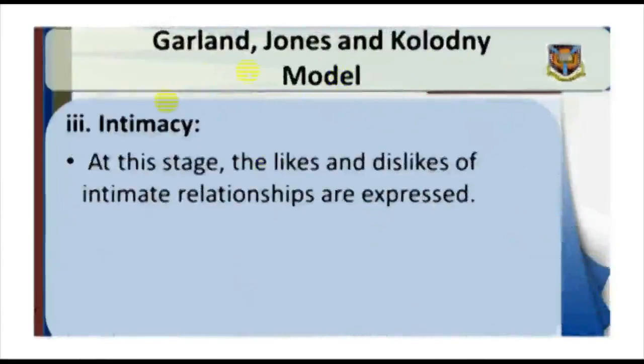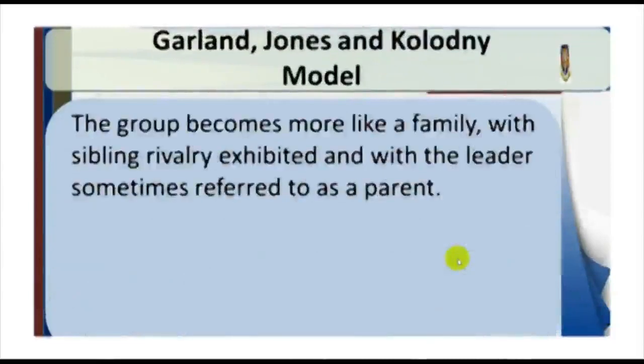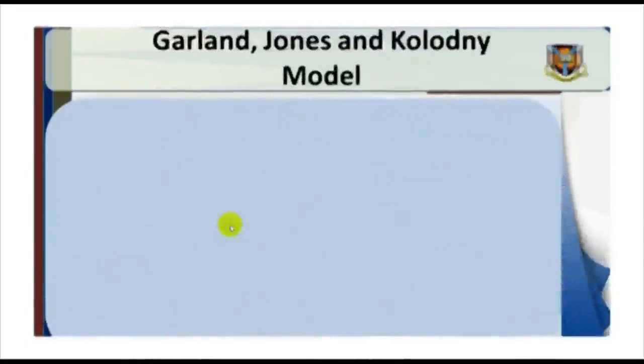3. Intimacy. The third stage is the intimacy stage. At this stage, the likes and dislikes of intimate relationships are expressed. The group becomes more like a family, with sibling rivalry exhibited, and with the leader sometimes referred to as a parent.